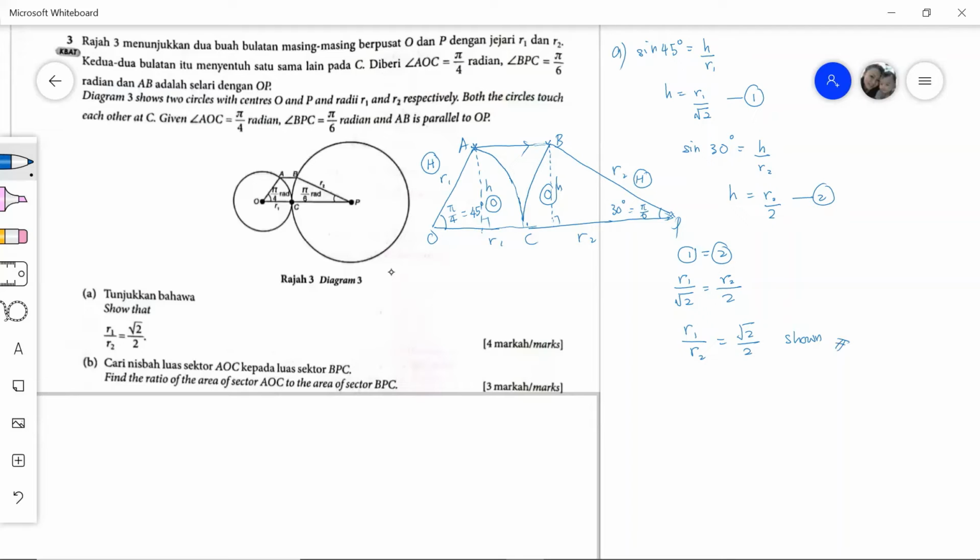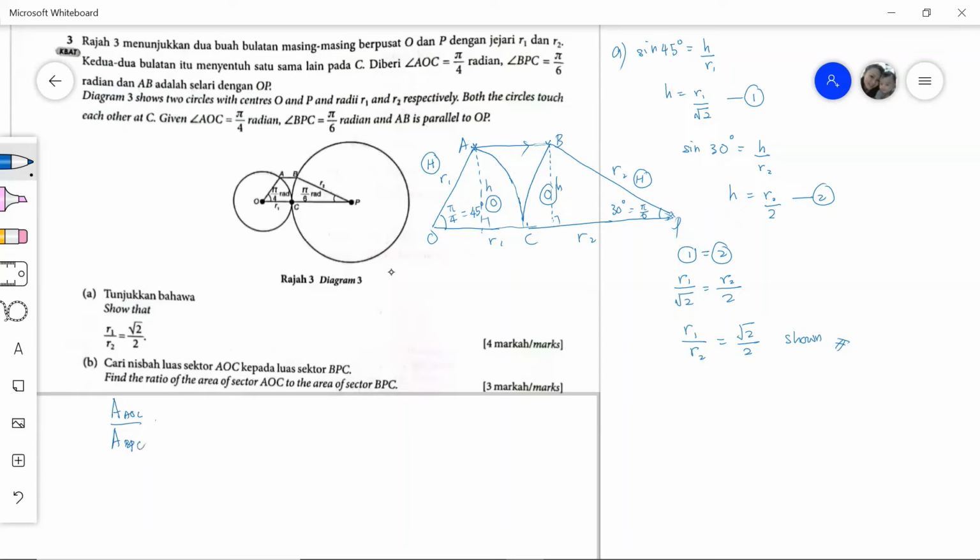We have to find the ratio of the area of sector AOC to the area of sector BPC. So for part B, we take the area of AOC over the area of BPC.